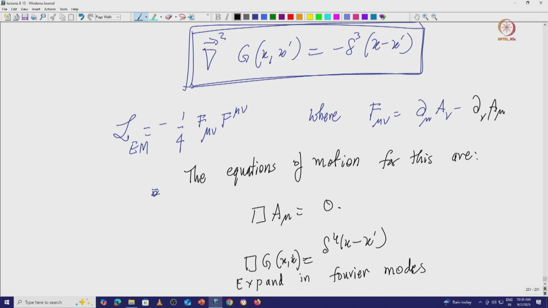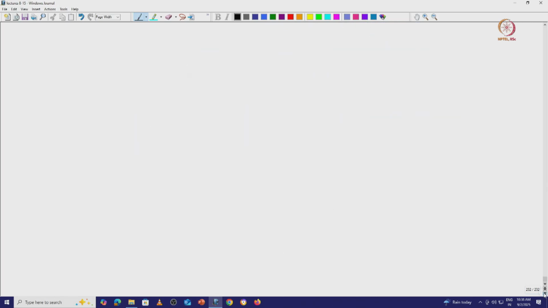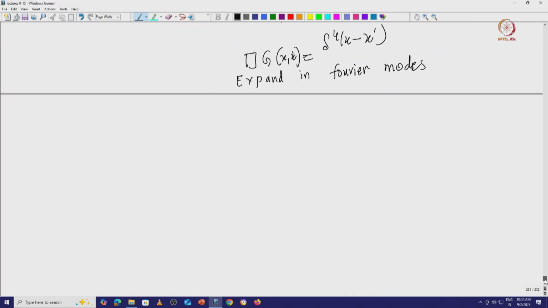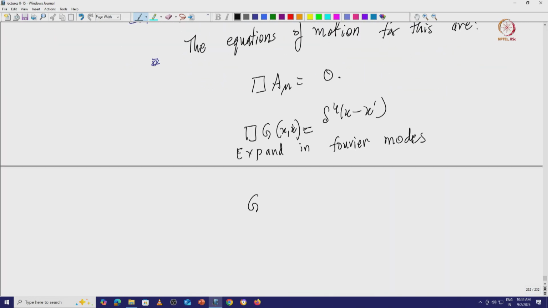I am going to directly give you the answer. The answer comes out to be G of x prime in momentum space, in momentum space omega k, would just be eta mu nu by k square.